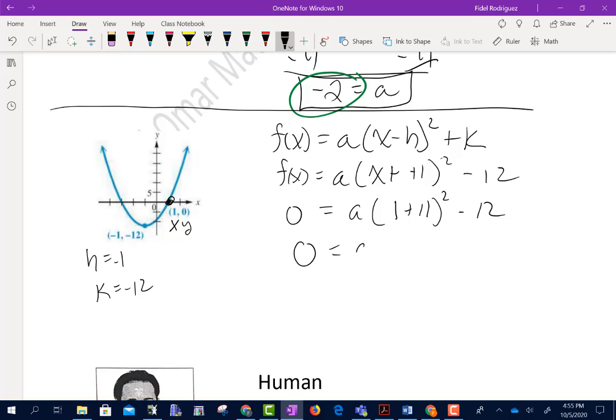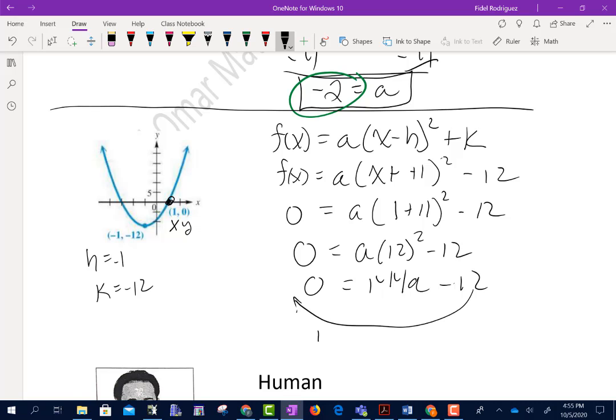So 0 equals a times 1 plus 11, which is 12, minus 12. Okay. 12 squared is 144a minus 12. So I bring that 12 over, so that's 12 equals 144a.